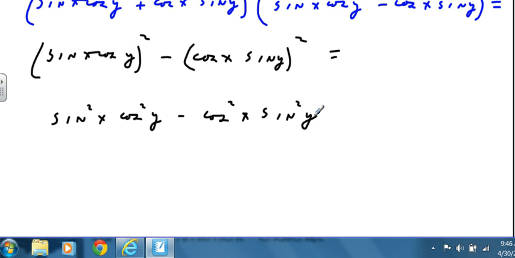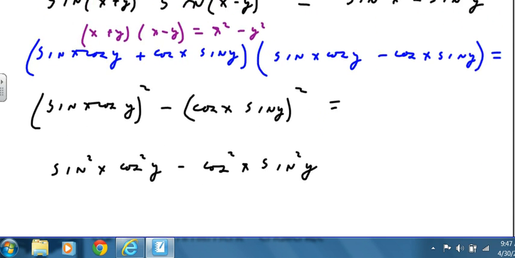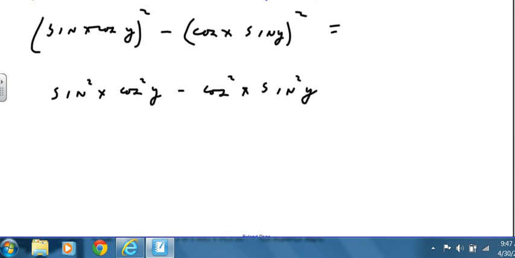Now what am I going to do? What am I supposed to be getting anyway? I'm supposed to be getting sine minus cosine, right? No, sine minus sine. Okay, so I want to get rid of the cosine terms.